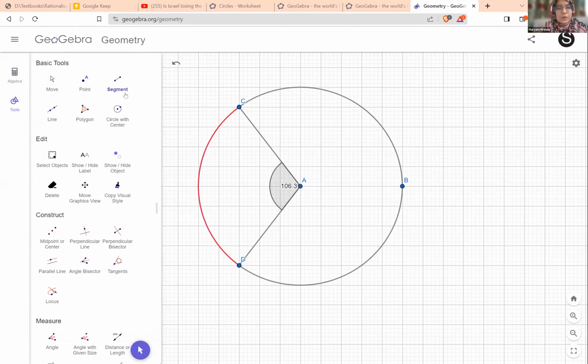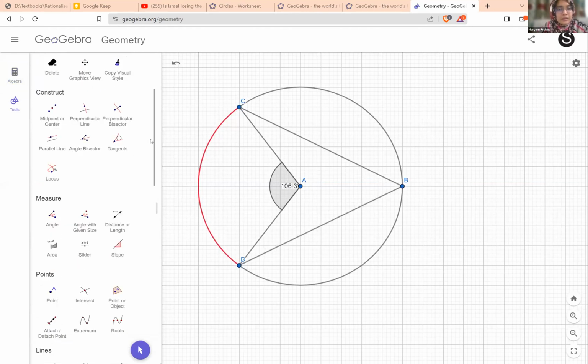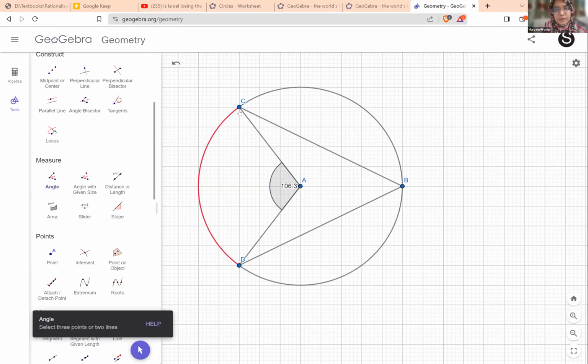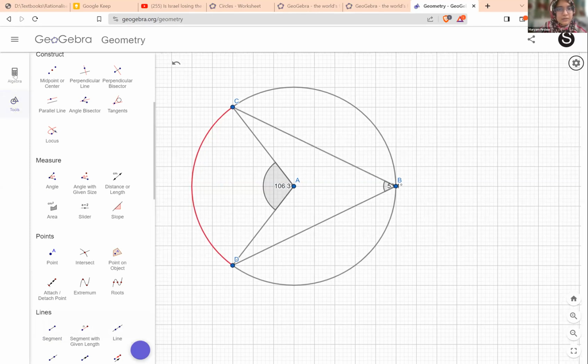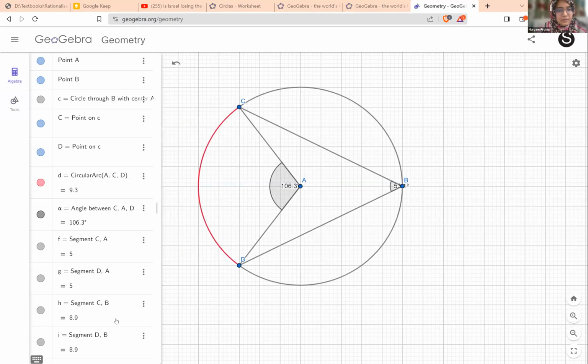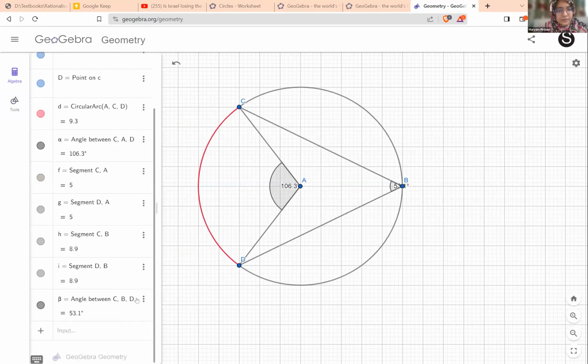Okay. Now we are going to look at the angle subtended by it over here at any other point on the circle, which is point B. We're gonna measure this angle and see how much it is.